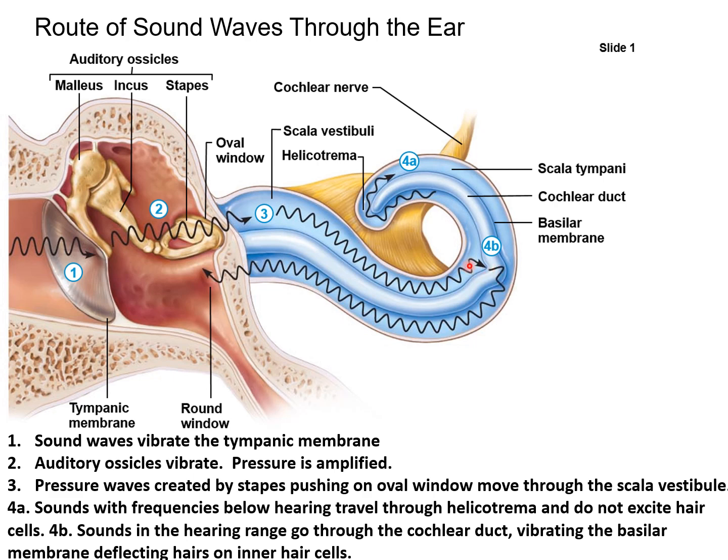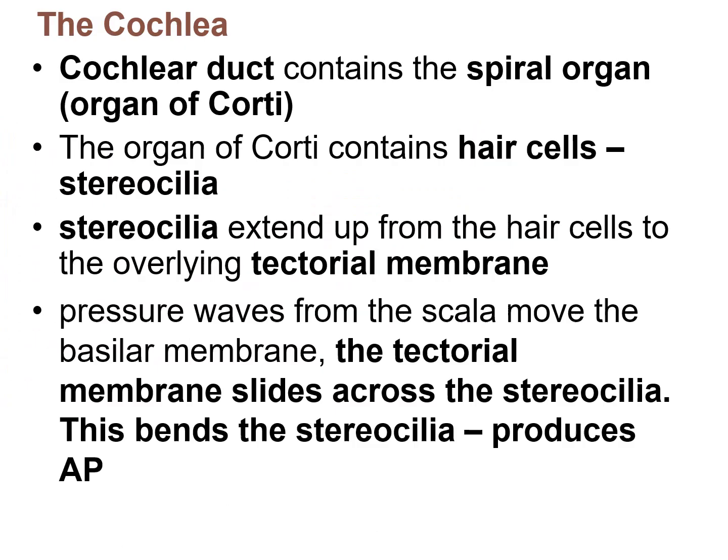Now, that little indentation or disruption in the cochlear duct can happen anywhere along the cochlear duct. And that's how you perceive higher frequency pitches or lower frequency pitches, depending on where that disturbance is on the cochlear duct. So I got a little ahead of myself. We'll see some more of that on the next few slides. But there's the story of hearing listed here, 1 through 4A, 4B, that we've covered so far.